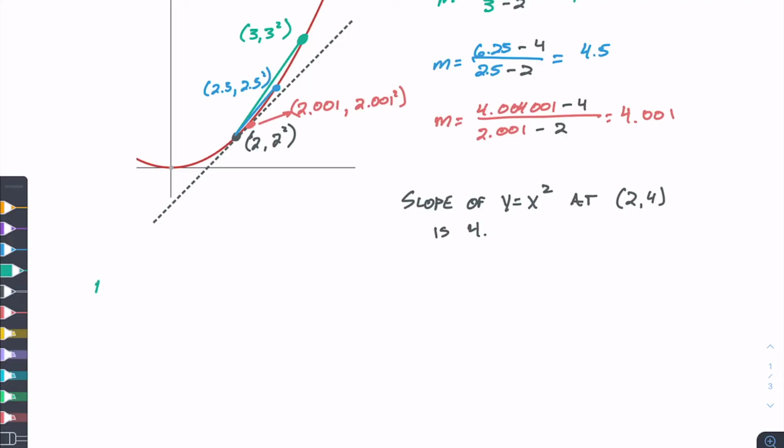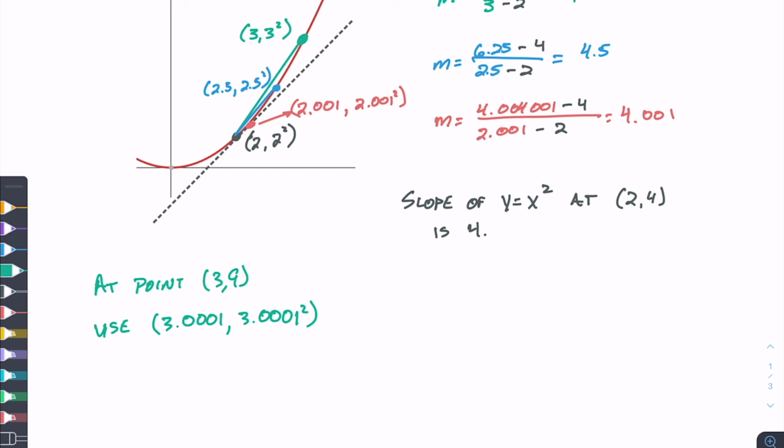So let's find the slope at the point (3, 9). We're going to use the same idea that we did here. We're going to pick a point really close to 3. Let's use 3.0001, and since we're talking about the curve y equals x squared, this would be 3.0001 squared.